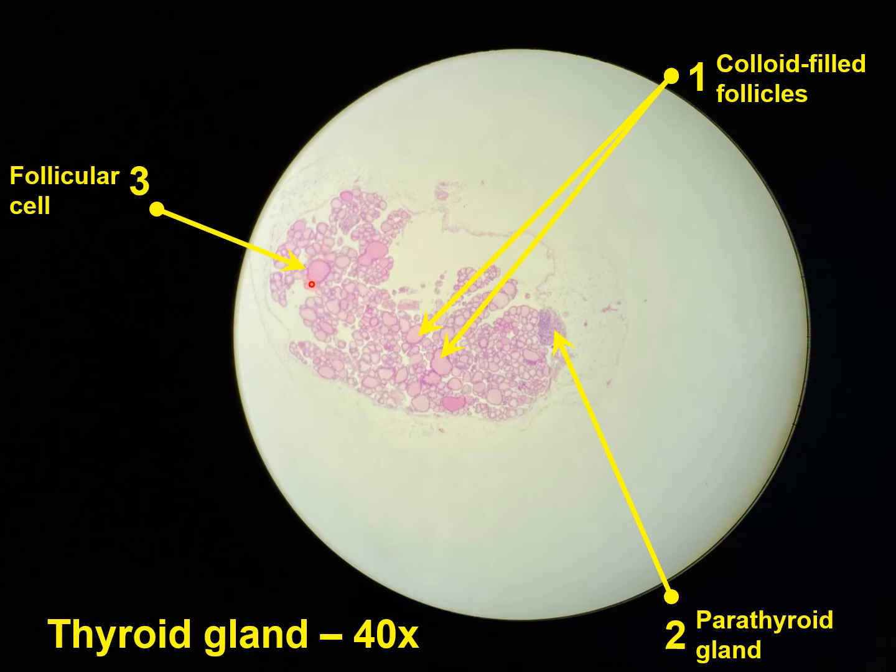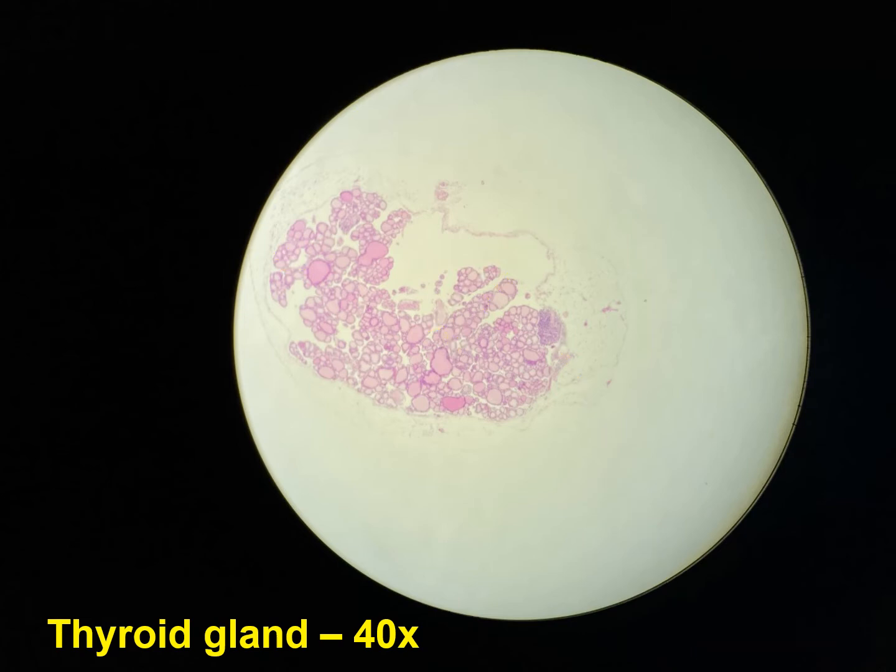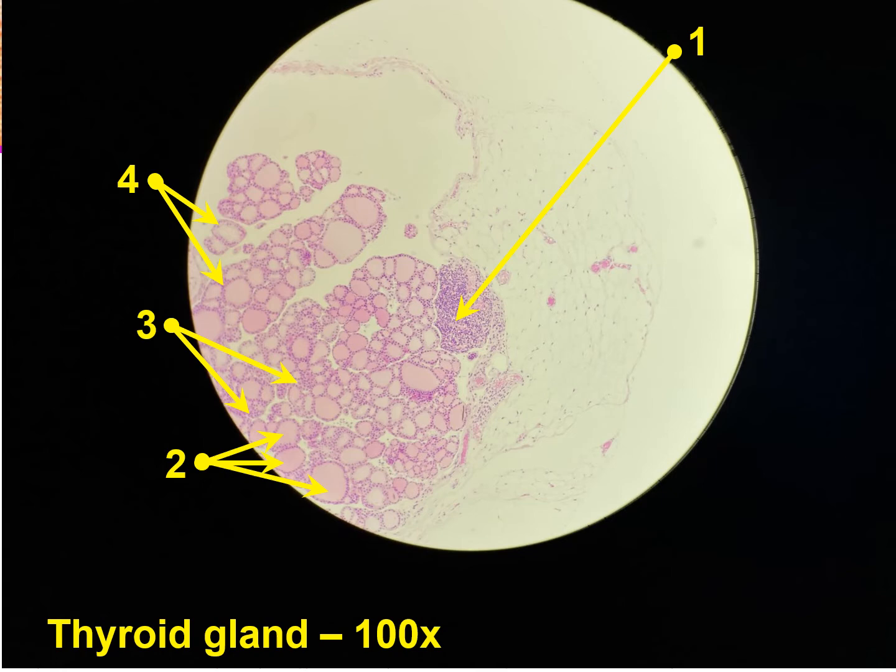And we see the lining follicular cells that will secrete T3 and T4. Thyroid gland again, and yet another closer or more magnified version. Here we see our parathyroid gland, thyroid gland, colloid-filled follicles, parafollicular cells, and follicular cells.